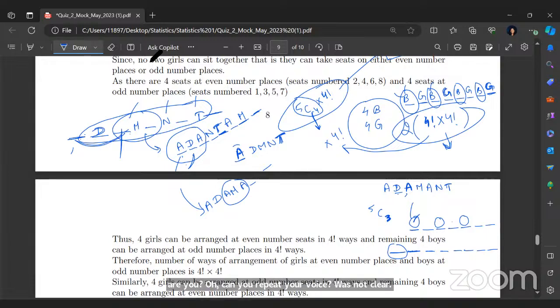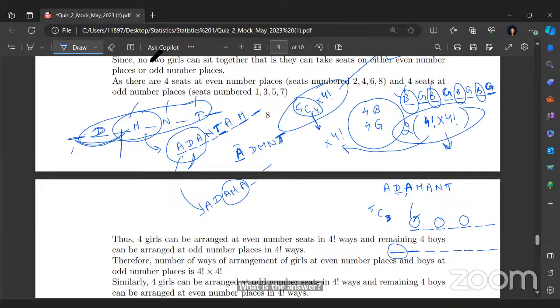Ma'am, if we fix A, then for each arrangement we can find 4 factorial ways, and also A can be arranged in 7 such arrangements. What is the answer?